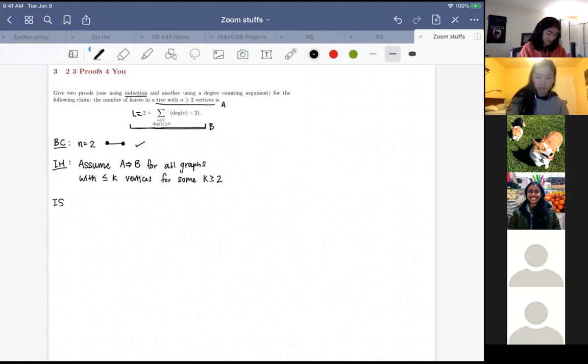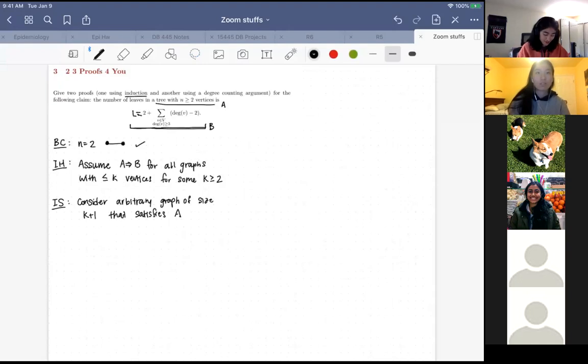Okay, now for our induction step. Once again, now we're going to start with an arbitrary graph of size k plus 1 that satisfies property A. So if it satisfies A, in other words, it's got greater than or equal to 2 vertices and it is a tree.